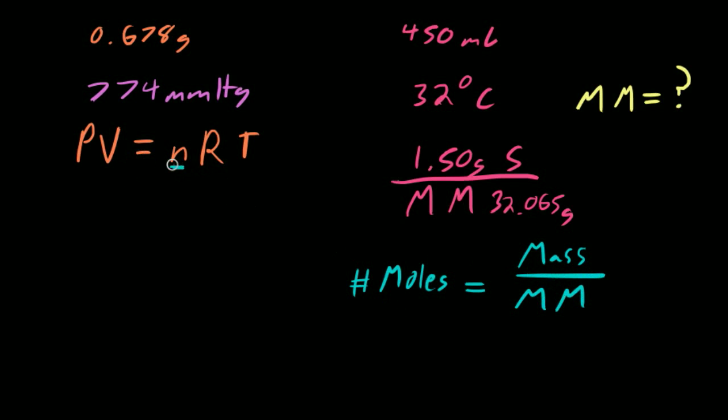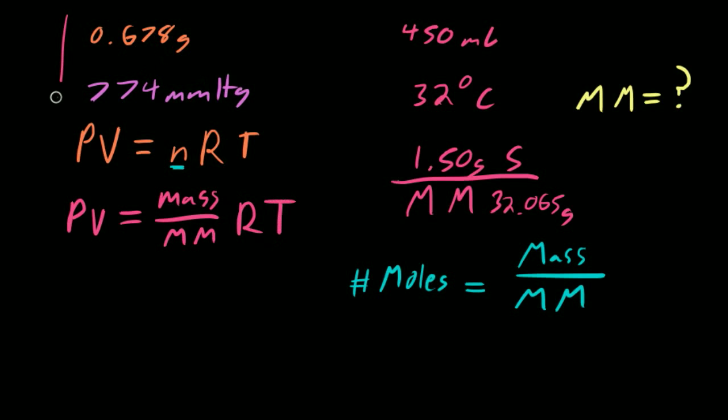Instead of n, let's write our mass in grams over our molar mass. So the new version of the ideal gas equation is PV is equal to our mass divided by our molar mass times the ideal gas constant R times the temperature in Kelvin.